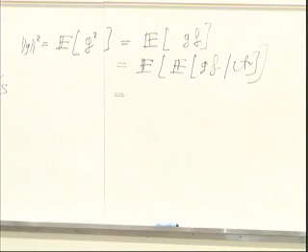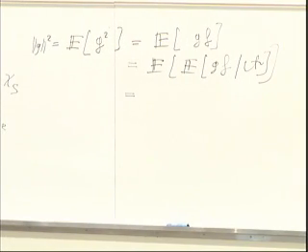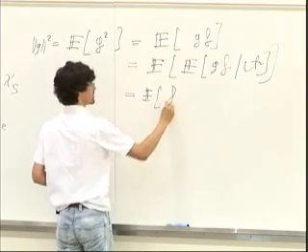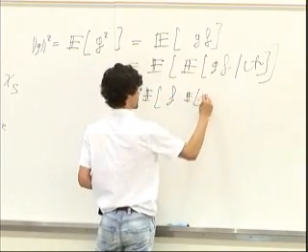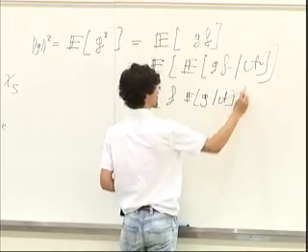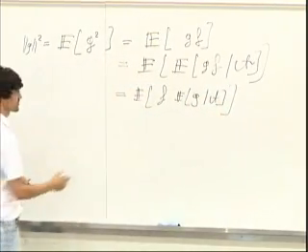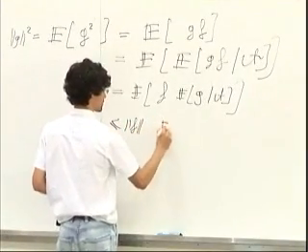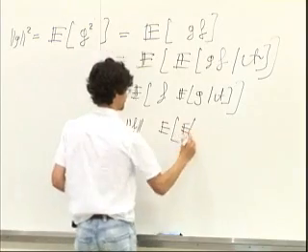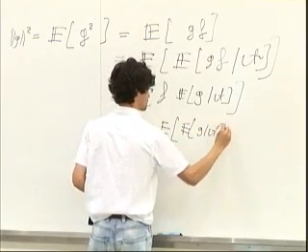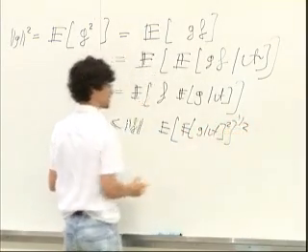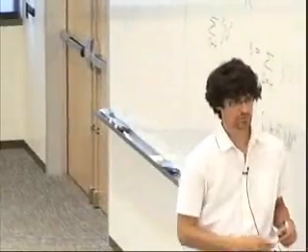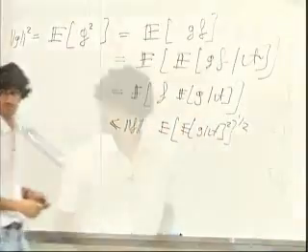Now the function f is computed by the algorithm, so it is measurable with respect to this algorithm A. And by Cauchy-Schwarz, this is less than the norm of f. So now the goal is to bound this expectation here.